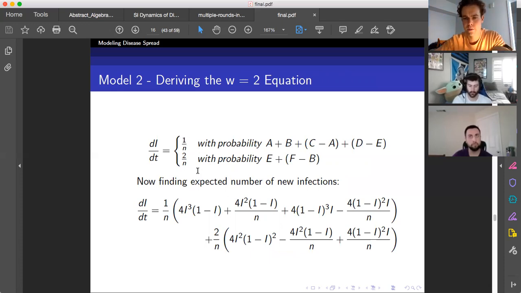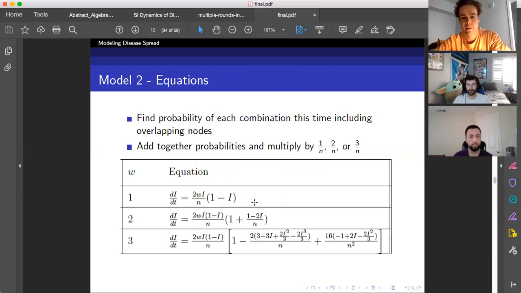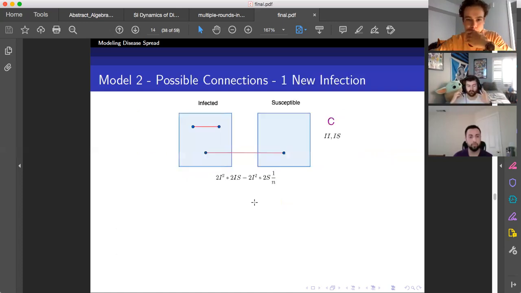And then the same thing, we're going to add 2 over n times the sum of the probabilities of all the combinations where there's going to be 2 new infections. So you get this huge equation here. And then once you simplify it, we plugged it into Mathematica and factored out this common term. And so you get this equation here, which, if we go back to this table, you can see is the equation for W equals 2.